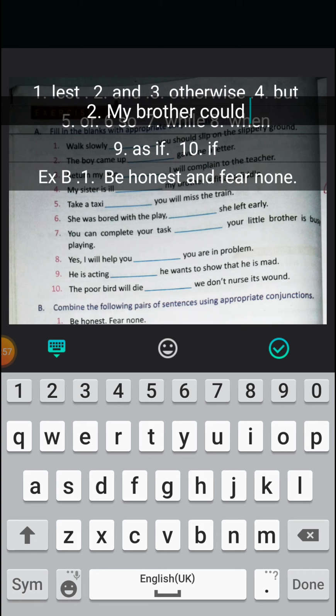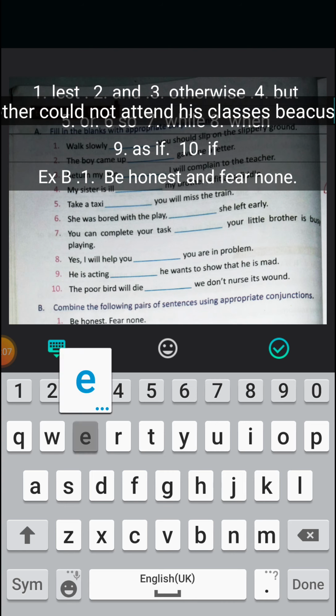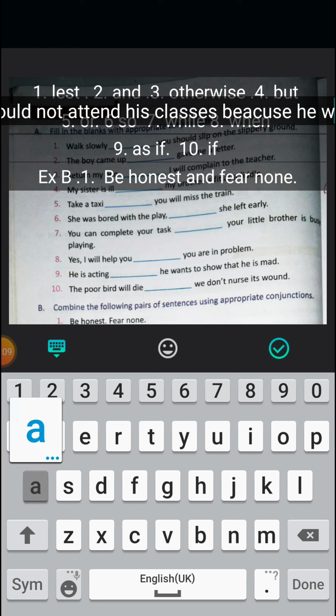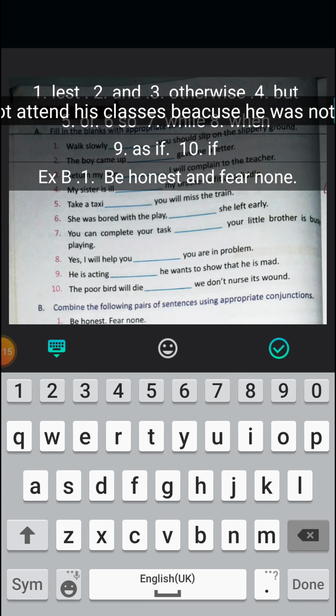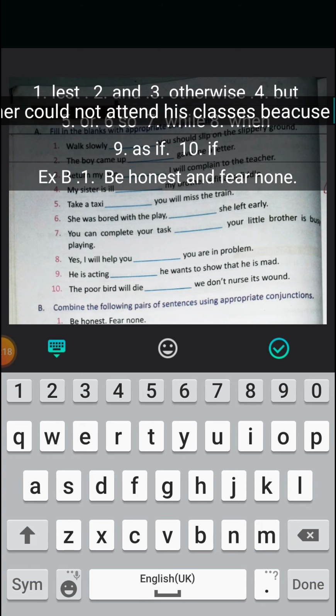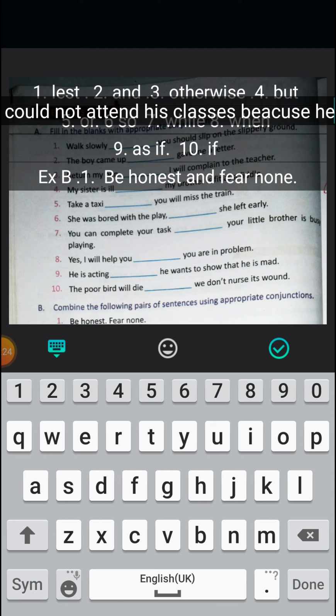My brother could not attend his classes because he was not well, or he was ill. In the sentence it is given he was ill, so write because he was ill.